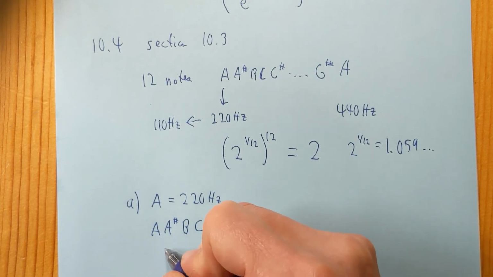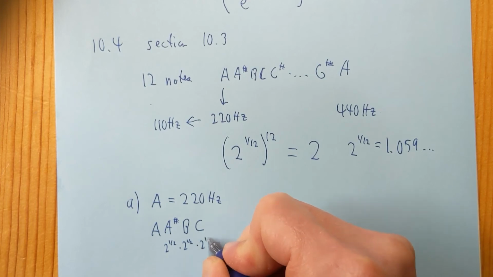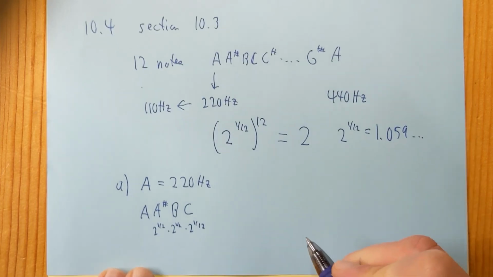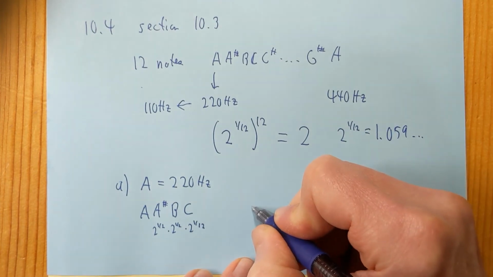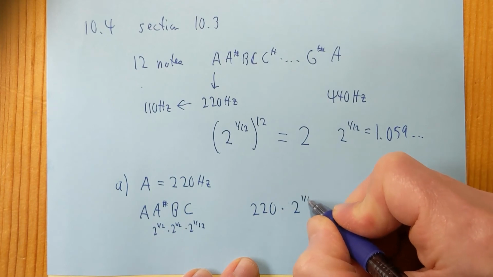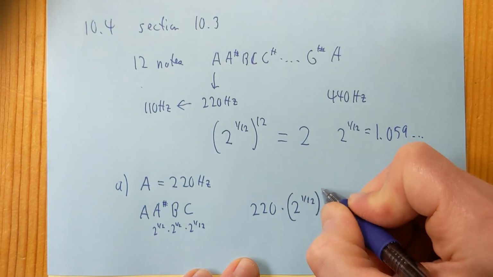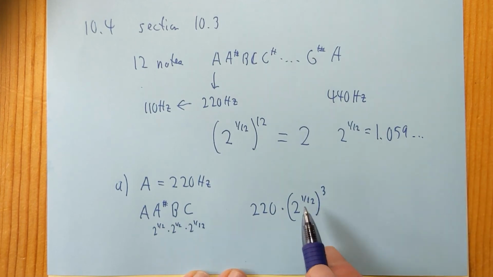So times 2 to the 1/12th, times 2 to the 1/12th again, times 2 to the 1/12th again, and that will get us that number. So basically you take 220 and multiply it by 2 to the 1/12th 3 times, which is the same as 2 to the 3/12ths, that's 3 times higher than middle A.